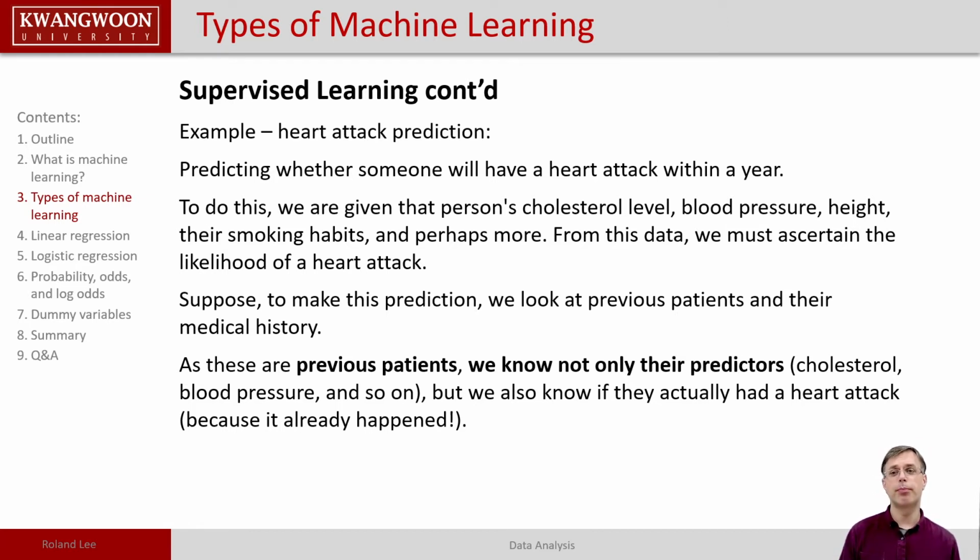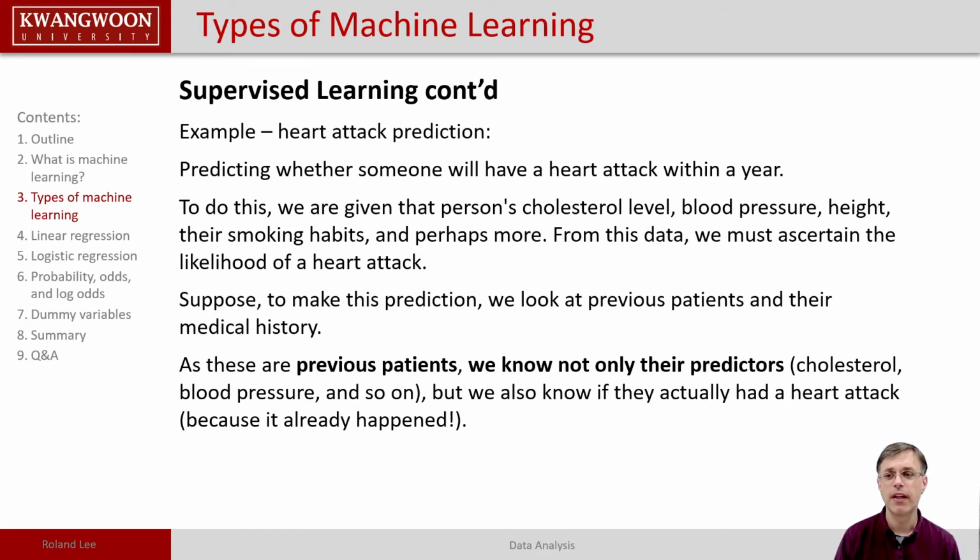Suppose to make this prediction, we look at the previous patients and their medical history. As these are previous patients, we know not only the predictors, but we also know if they actually had a heart attack.